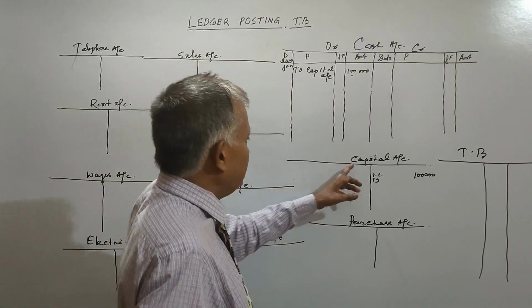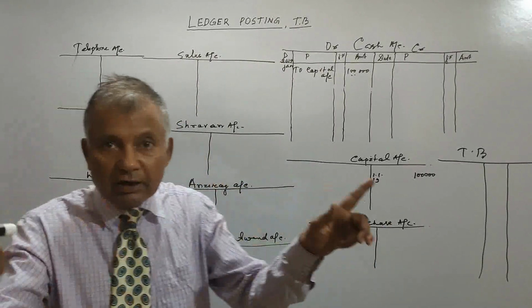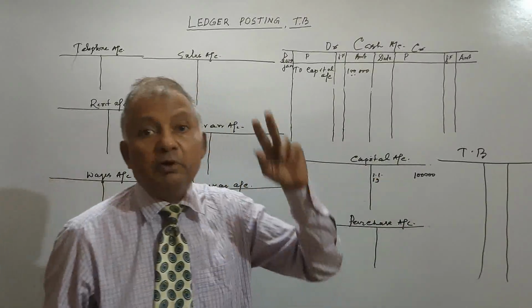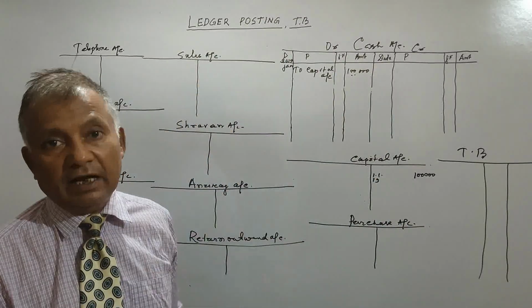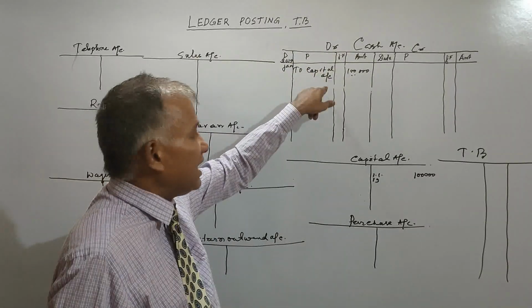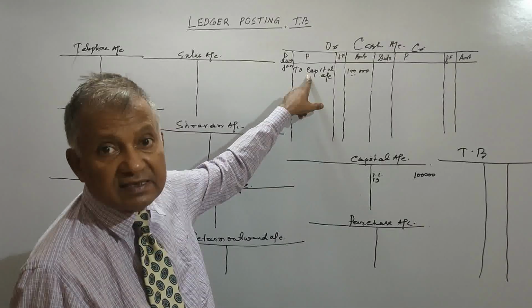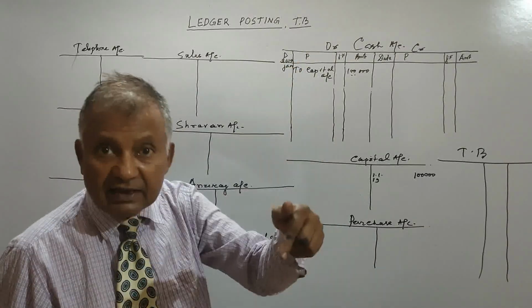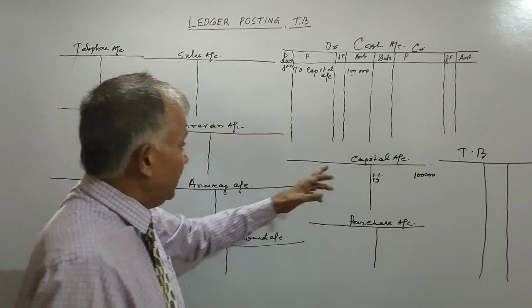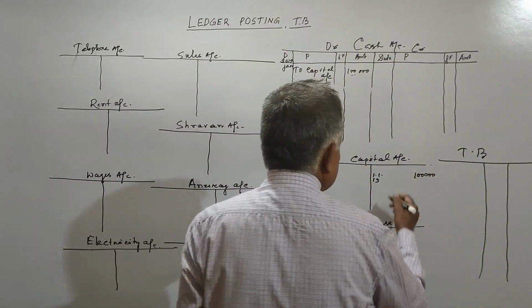And in capital, we will not write capital, we will write the other account. In cash we will not write cash, we will write the other account, that is capital. In capital we will write the other account, cash.